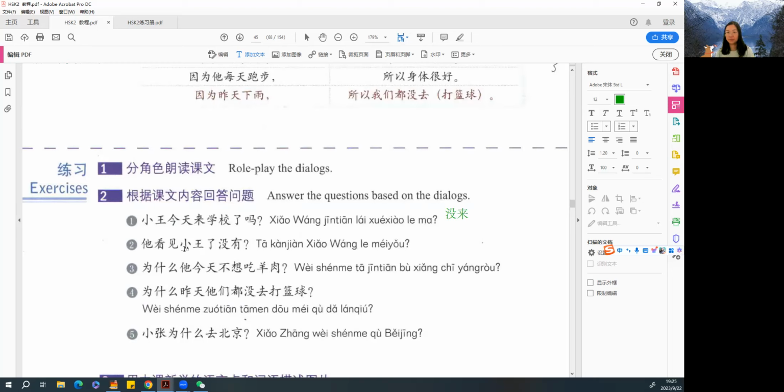When we say something negative, when we are rejecting something, you are going to stress this negative answer. So it's totally fine to just end here. So here will be 他没有看见小王.